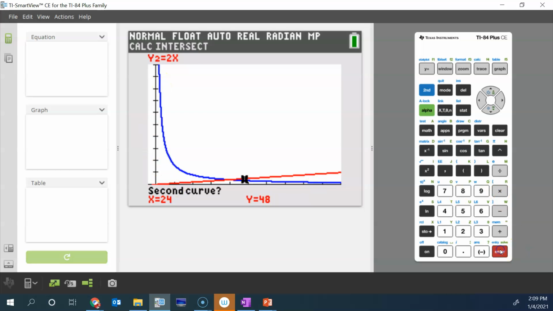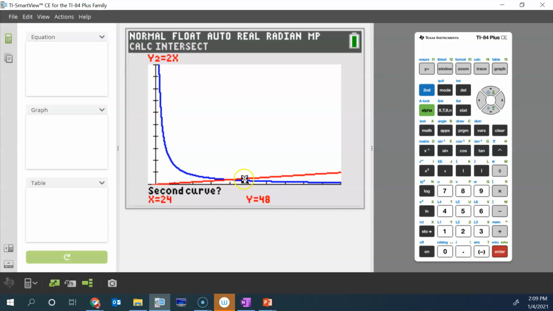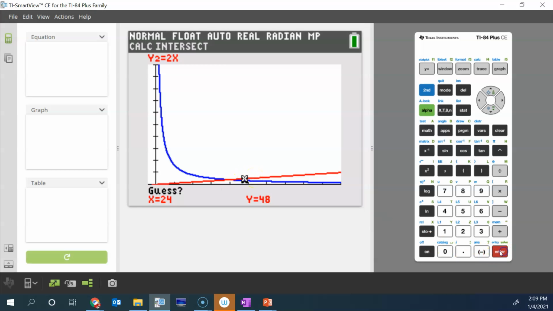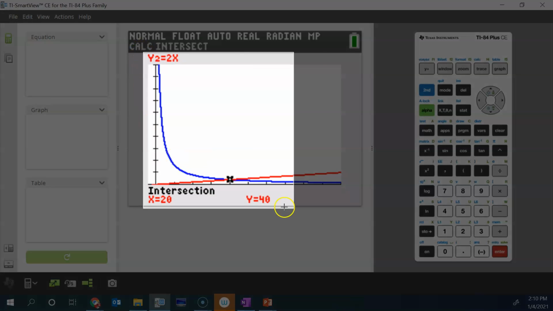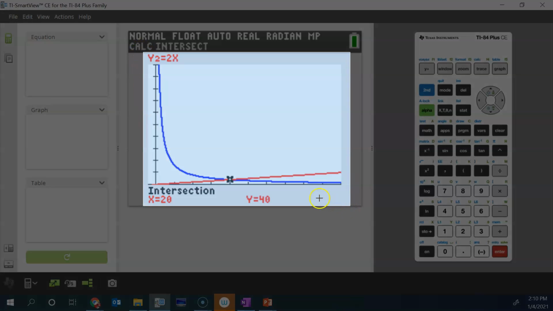So you just hit enter. You want to find the intersection with the line, which is the red one. So since it says y2 is 2x up here, that means the cursor is on the red line, so you hit enter. Then you're going to move your cursor to where you think the intersection is and hit enter. And there is that point that satisfies both conditions.